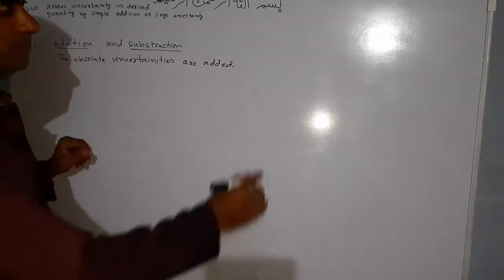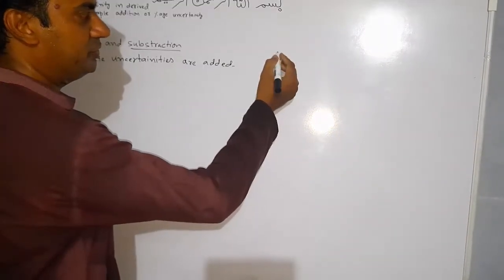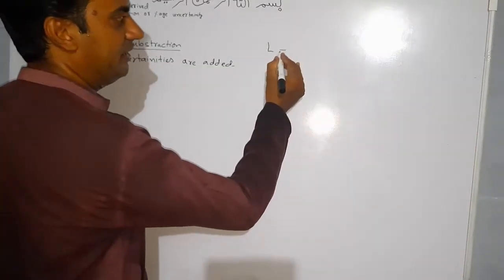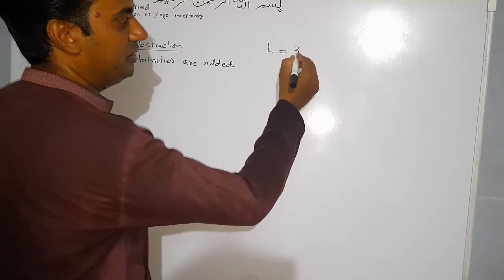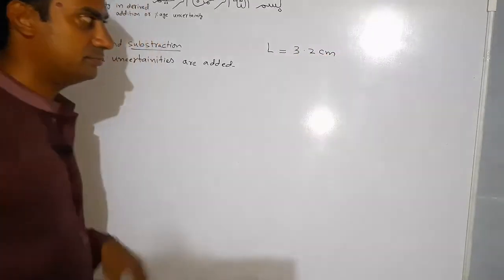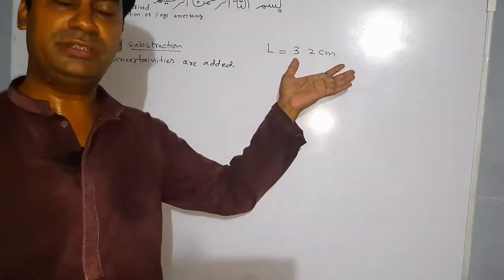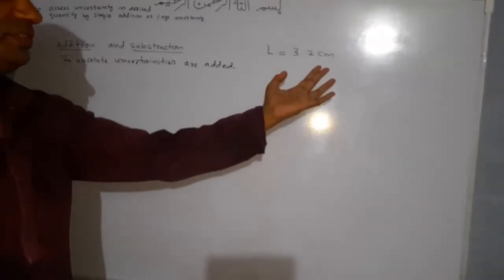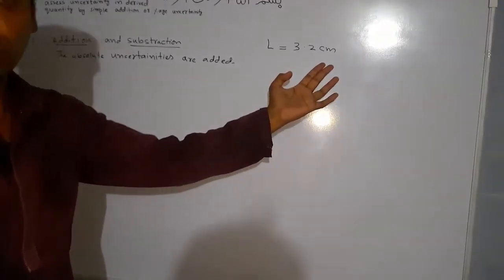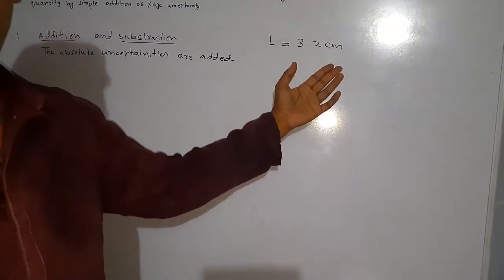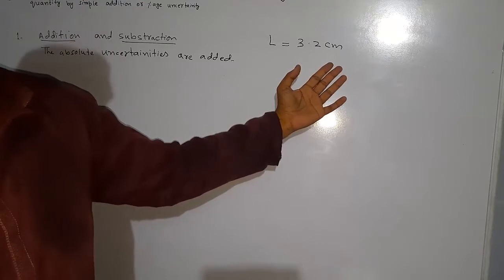Just like if we have measured a length, represented with L, the length we have measured is 3.2 centimeter. This is measured by a meter rule or measuring tape. The question arises, how do we write the absolute uncertainty?